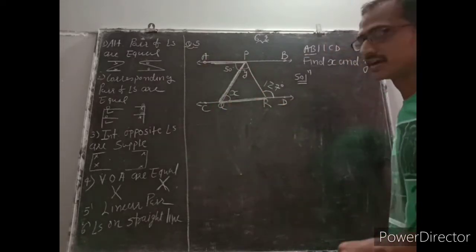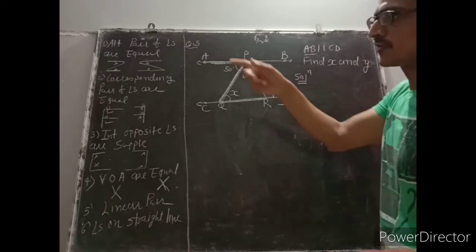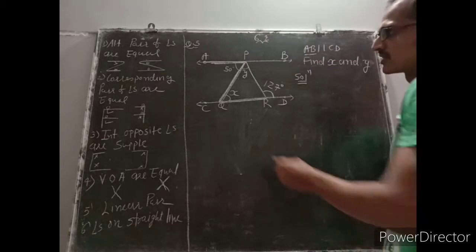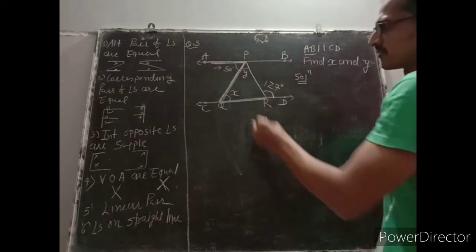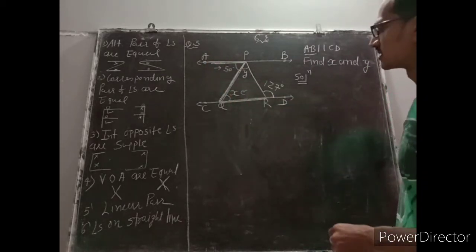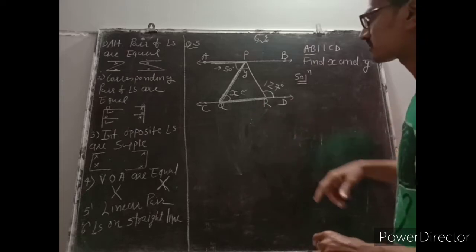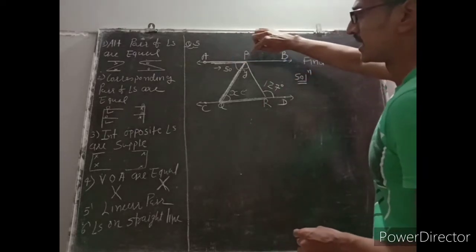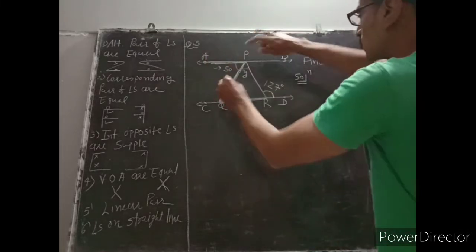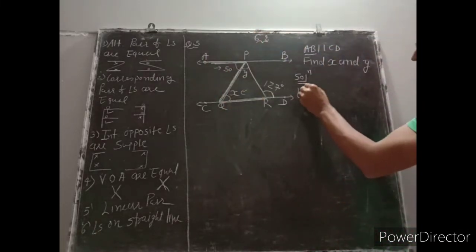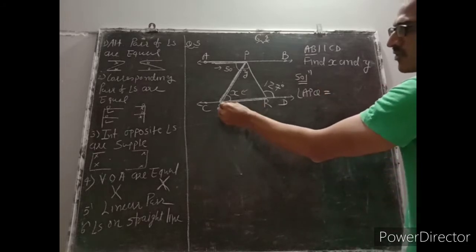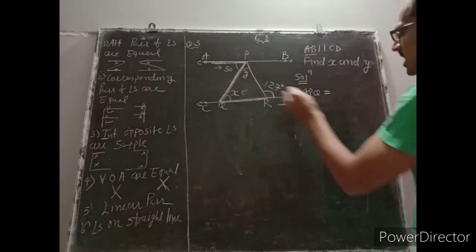So we know very well that on the Z the angles formed at the corners are equal. So here the angle formed at the corner is 50 and here is X. So the name of this angle, formed at P, is angle APQ, equal to the name of this angle, formed at Q, angle PQR.